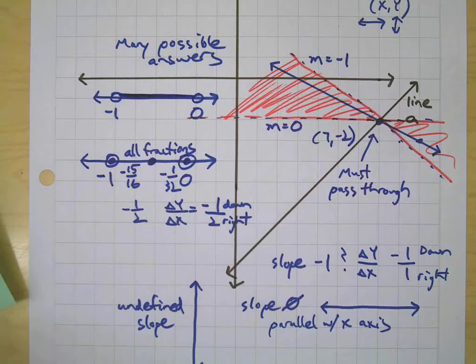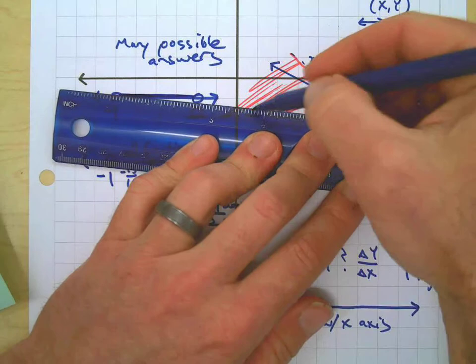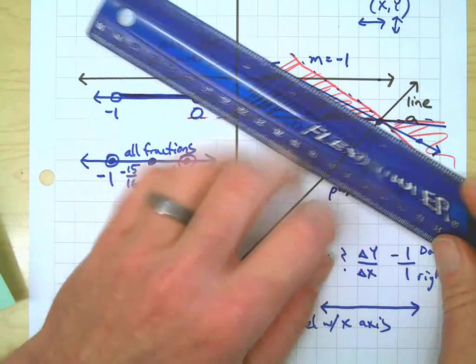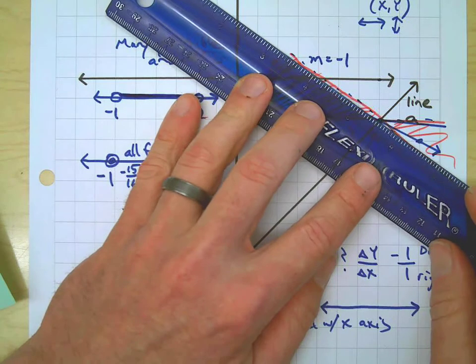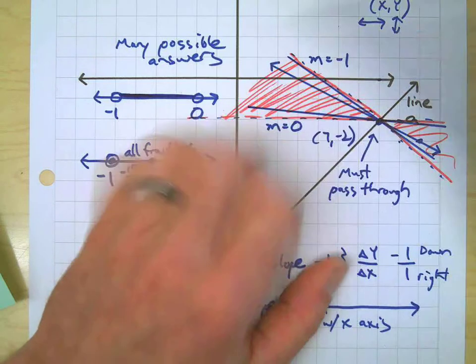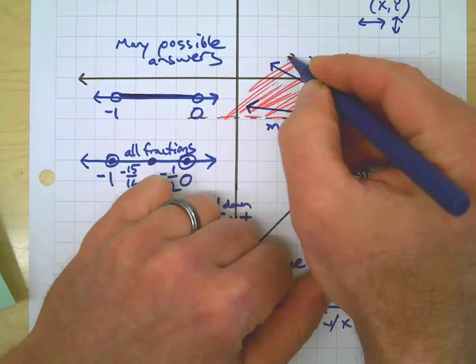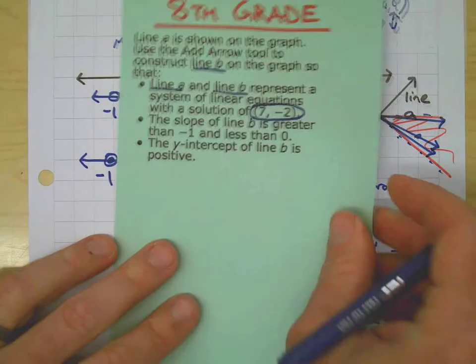So the slope of your line could be anywhere in here. It could be right here, and it could be way up here. Any of these lines in that range are going to work.